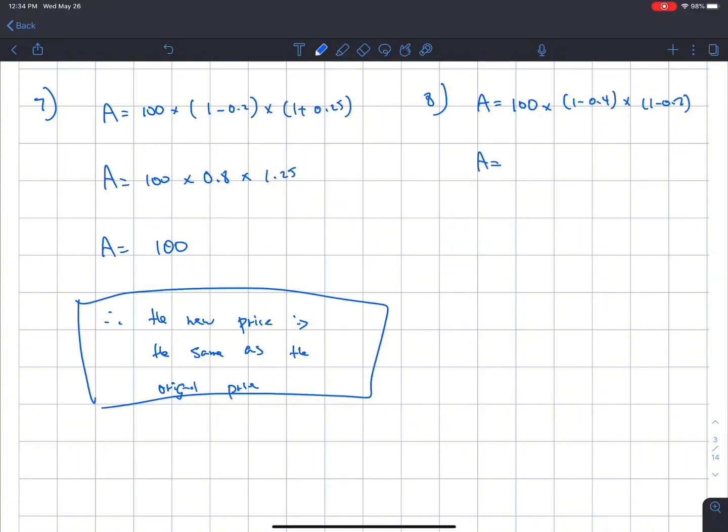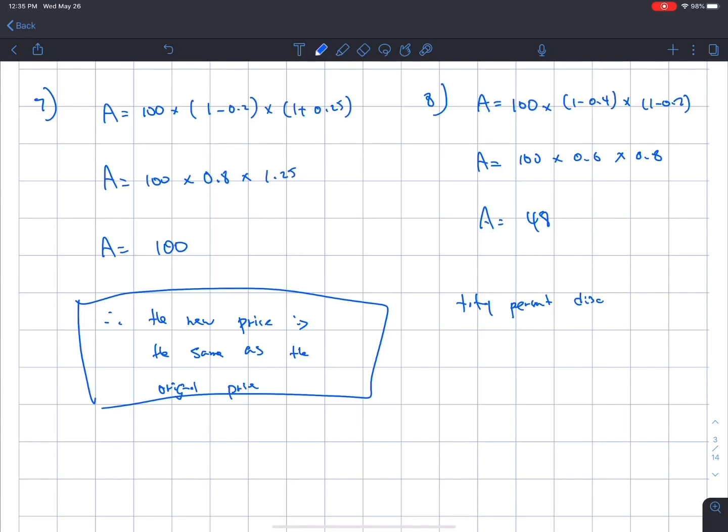And then we just type this into the calculator. So we get $48. So the total percent discount is 48 minus 100 over 100 times 100%. And we get negative 52%. So that's the total discount. That's a discount of 52%.